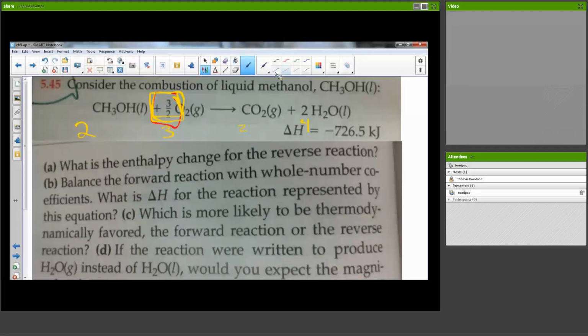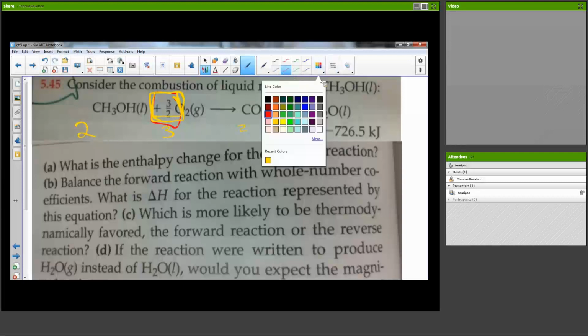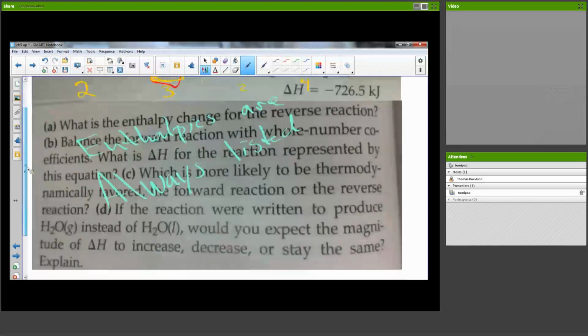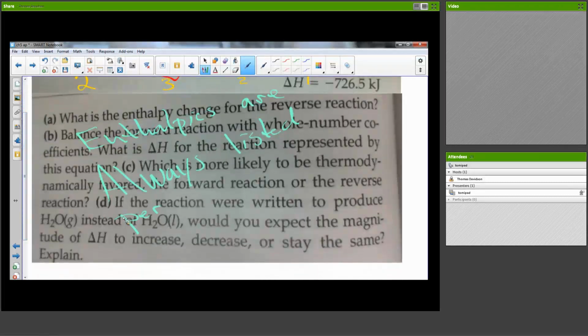All right, thank you. It's because, let's go, what color would stand out super bright? This will. Here we go. Write this in your notes somewhere. Enthalpies are always listed per 1 mole of whatever we're talking about.